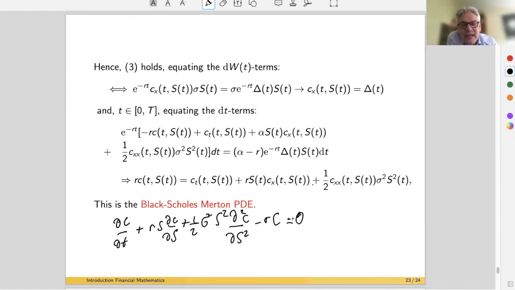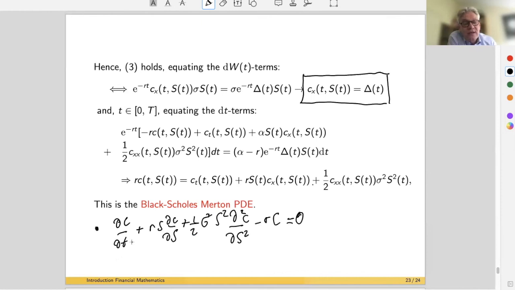And you see that because we forced this equality, that the number of stocks in the portfolio should be equal to dC/dS, the randomness has canceled out, the dW terms have disappeared, and what remains is a partial differential equation.